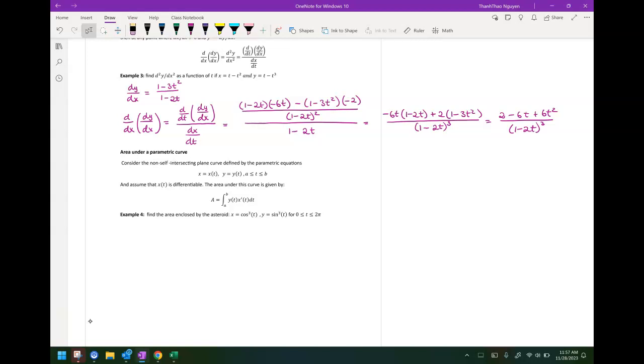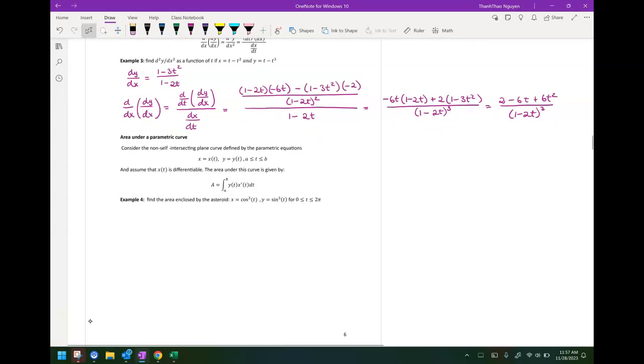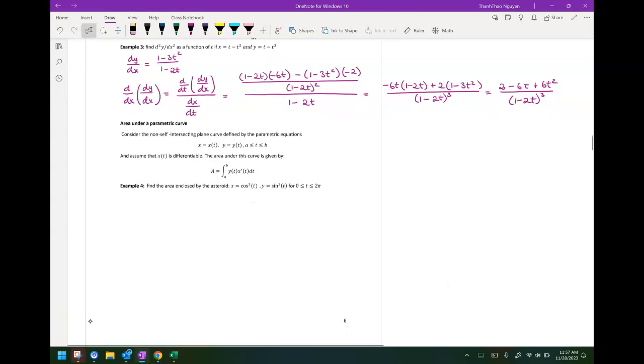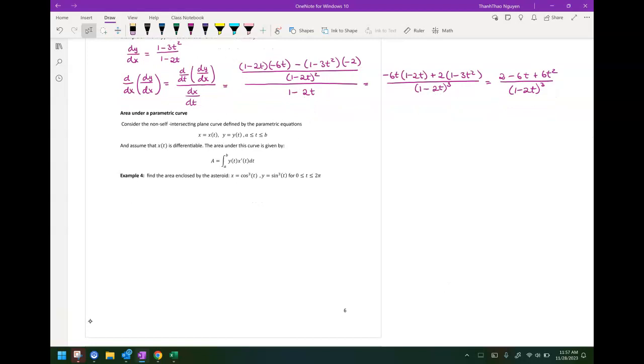Let's find the area enclosed by the asteroid. x equal cosine cubed t and y equal sine cubed t, for t between 0 and 2 pi. Now, this is the asteroid, so if I get the graph of this, it looks like this here, between negative 1 and 1.